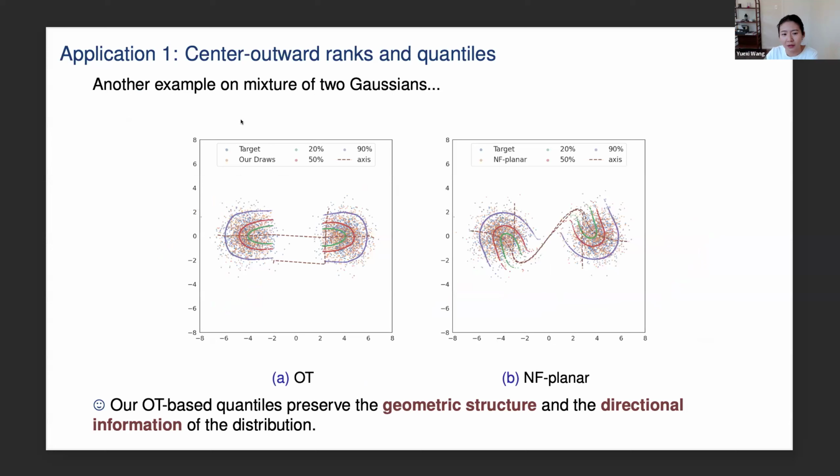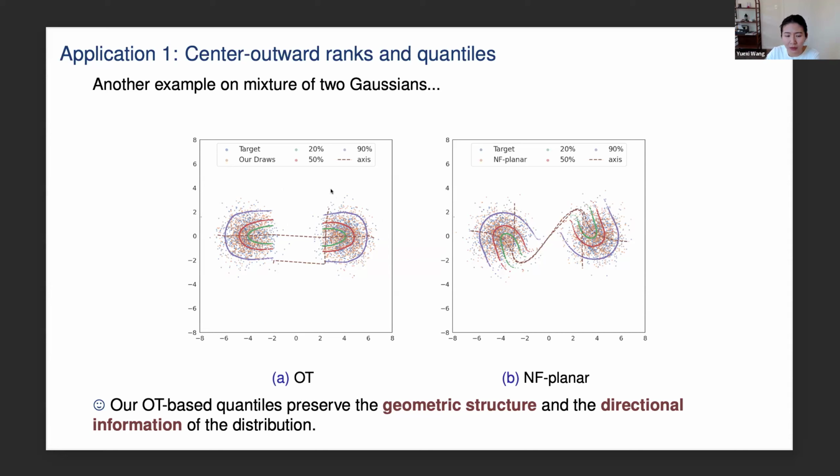This phenomenon is even more obvious in our next example. Say I consider making quantiles on a mixture of 2 Gaussians. As in the previous example, you should know that you will split the reference distribution into the left side and the right side, and they will map to the 2 clusters in this example. That's how our OT map was able to capture this information.